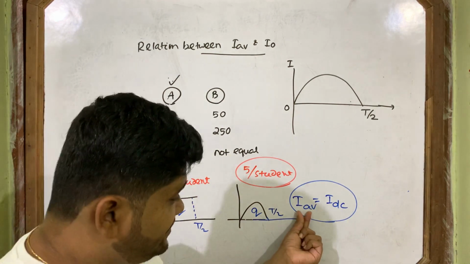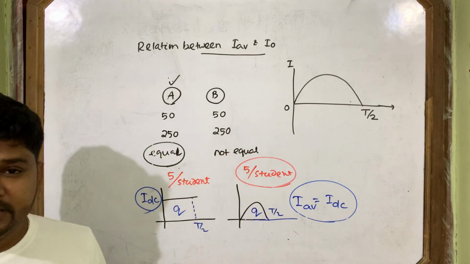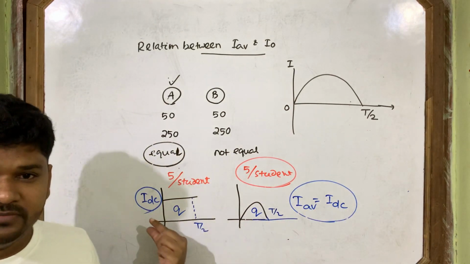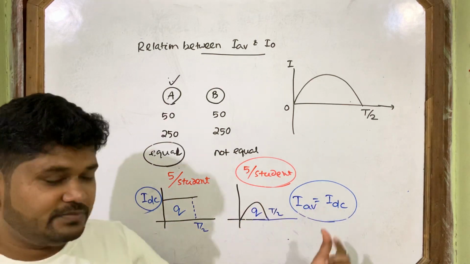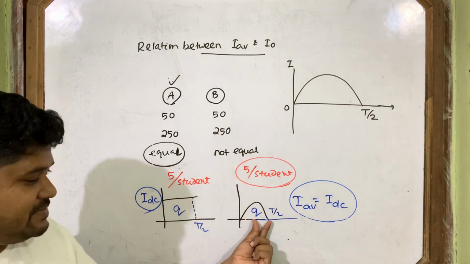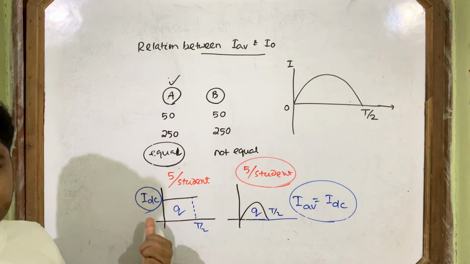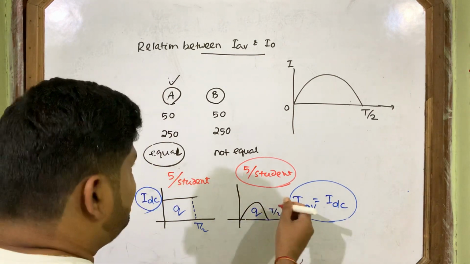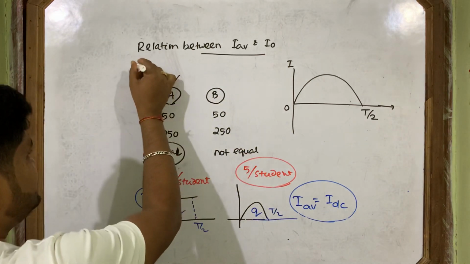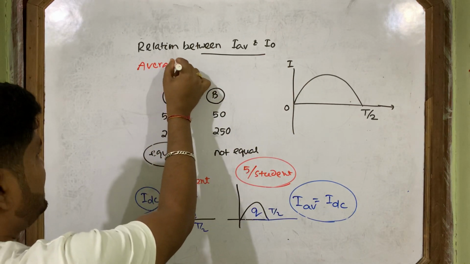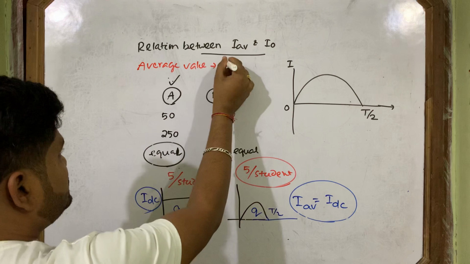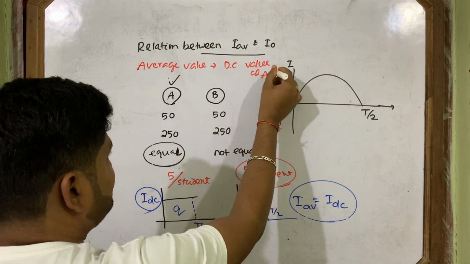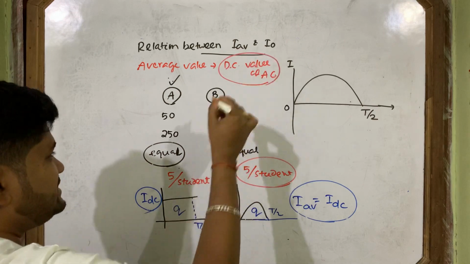Means the average value of an AC is nothing but a DC value. Because to find the average value of AC, we are getting the value from DC, comparing with the DC. So this average value is also called the DC value of AC.